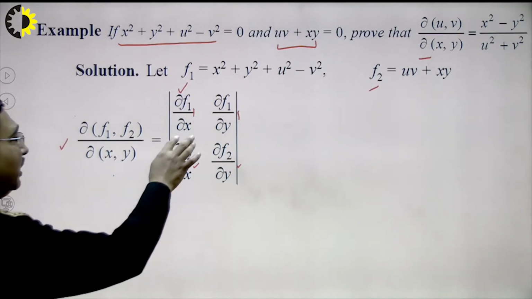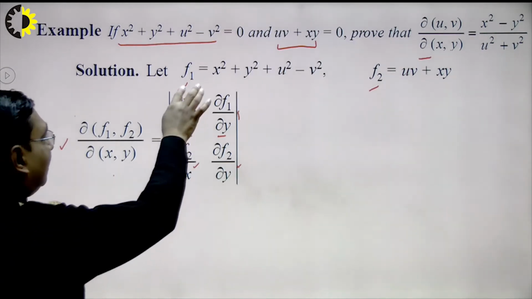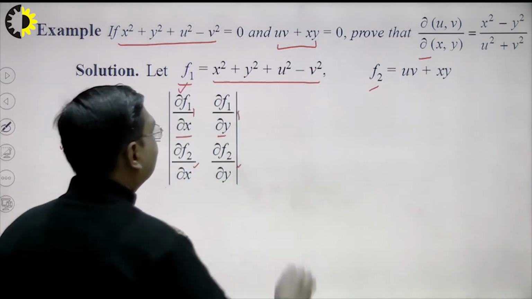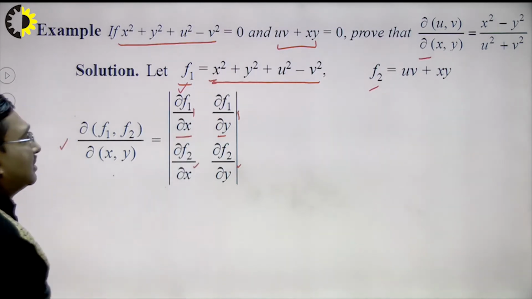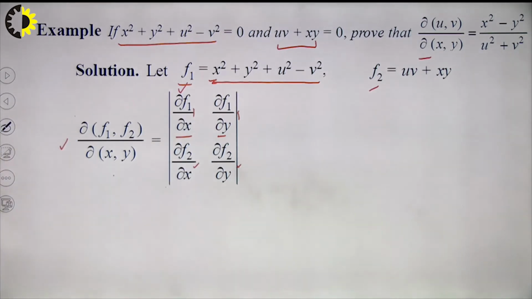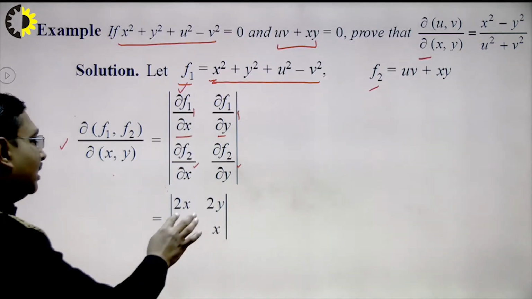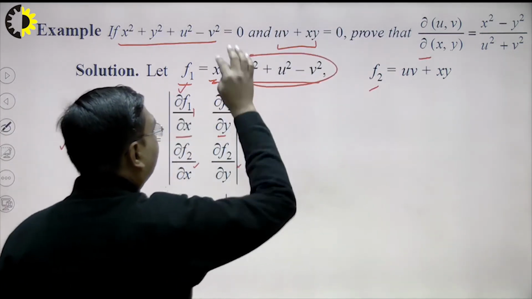When we calculate these partial derivatives, we shall treat f1 as a function of independent variables x, y, u and v. When we differentiate partially with respect to x, the remaining variables will be treated as constants, and thus del f1 over del x will be merely 2x, because the remaining terms will all be 0.